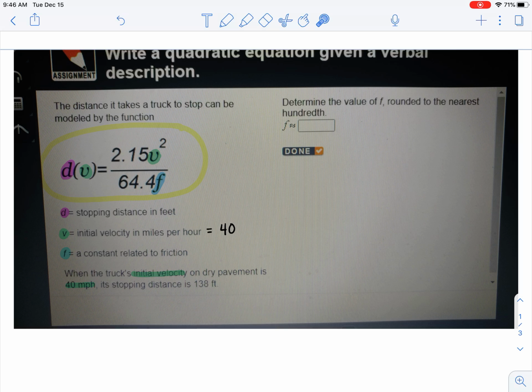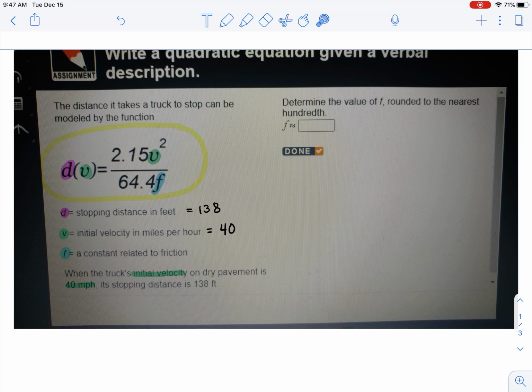So between D and F. Well, since we're solving for F, we probably don't know what that is. We don't know the constant related to friction. But we do know the stopping distance in feet, because we have stopping distance and we have 138 feet. So this is equal to 138. And now we're going to get this and substitute it into the problem.